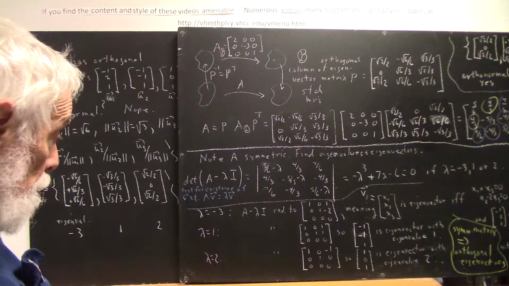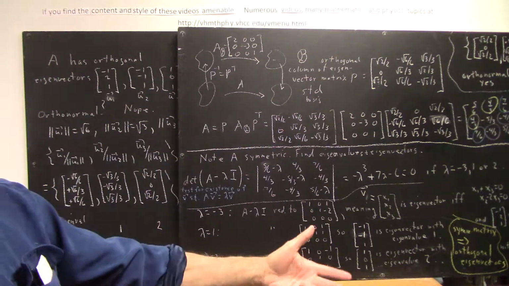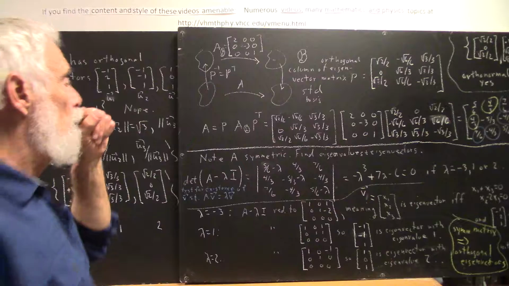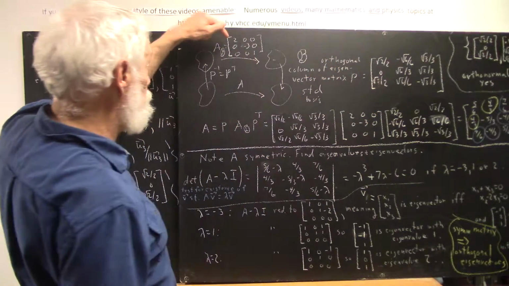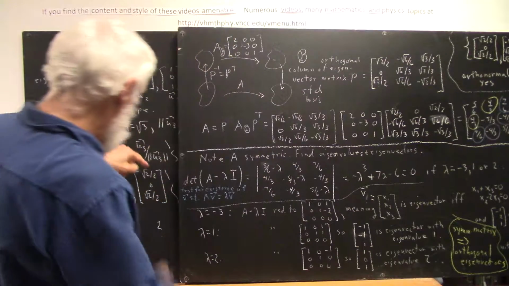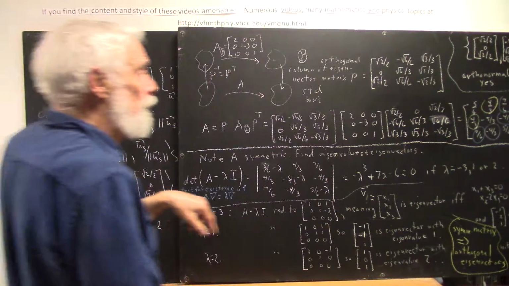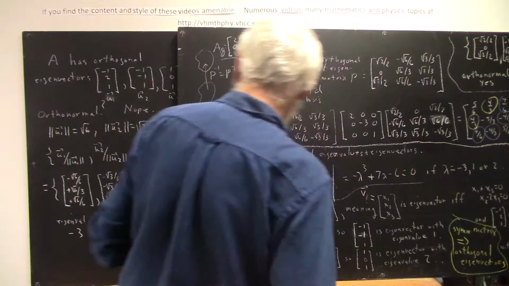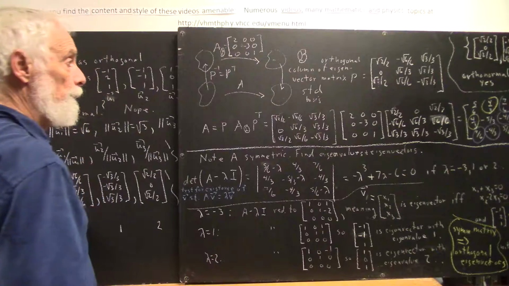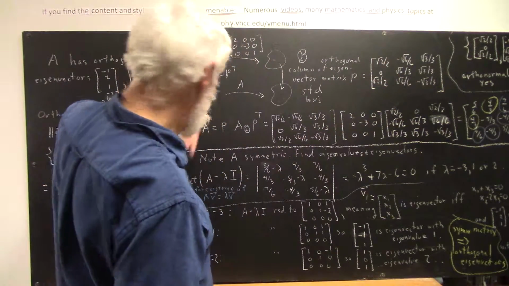Does that make any difference? Well, not if they have the same eigenvalues. The eigenvalue of the square root of 2 over 2, 0, square root of 2 over 2 vector was 2, right? Well, right here's that vector, and it's got an eigenvalue of 2. This vector, the negative square root of 6 over 6, etc., well, that's this vector. Now over here, this being the second vector, it had eigenvalue -3.